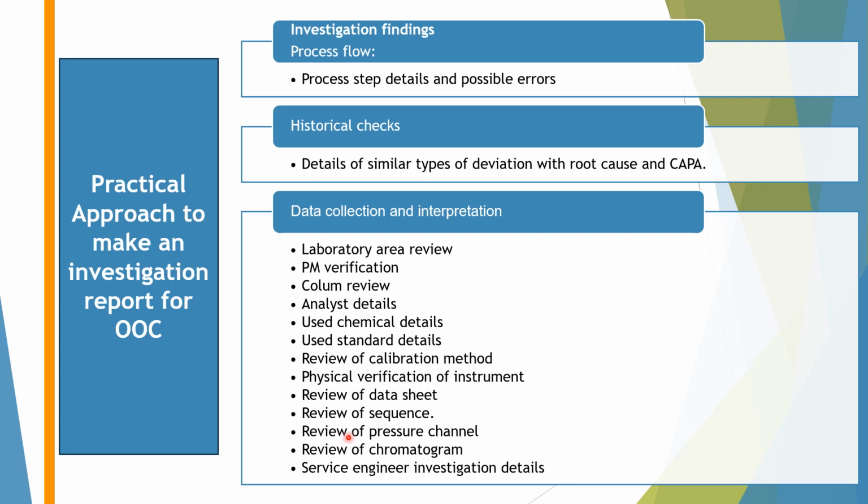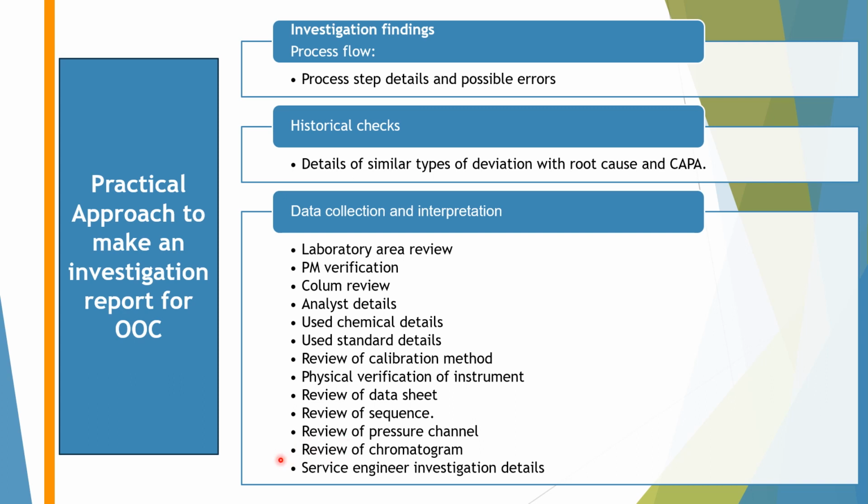Next is review of pressure channel. So here you need to check the pressure graph throughout the sequence and ensure whether any pressure fluctuation happened or not, right? Now the next is review of chromatogram. So here you need to check the chromatogram, that is, the peak shape, peak tailing, peak fronting, and peak symmetry, right?